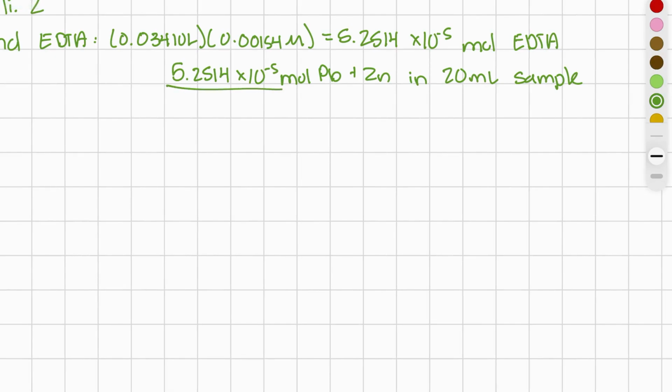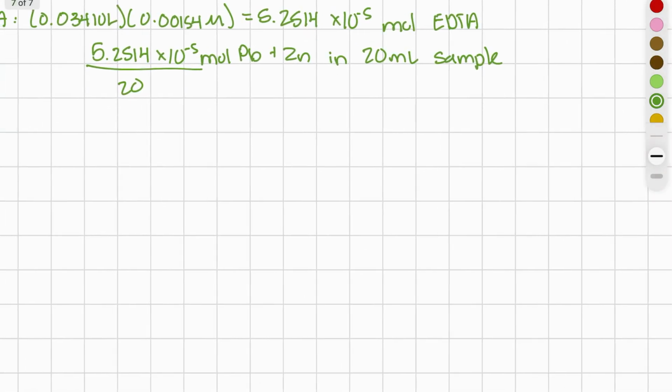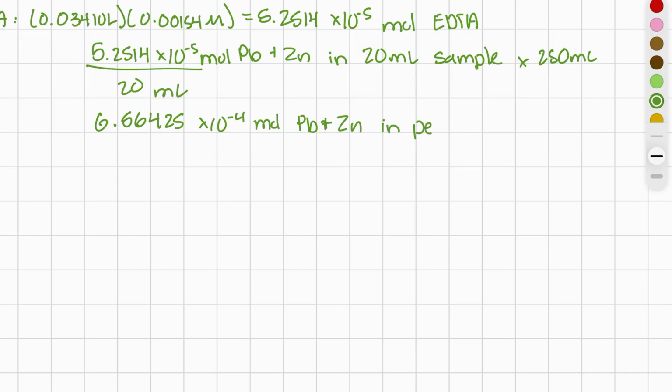So I'll do this divided by 20 times 250. So I finally get that I have 6.56425 times 10 to the negative 4 moles of Pb plus zinc in the pewter sample.